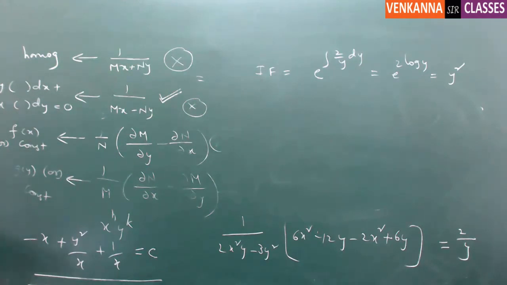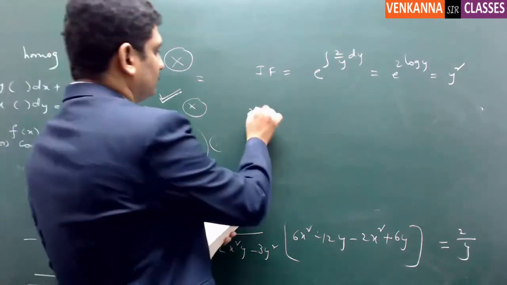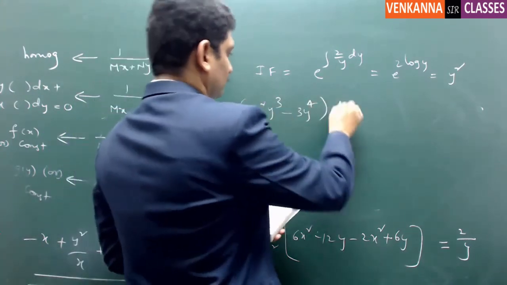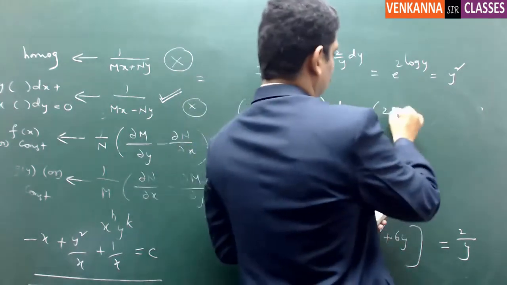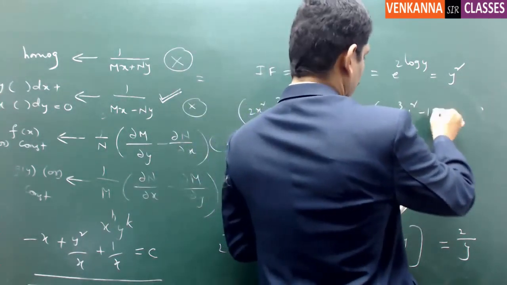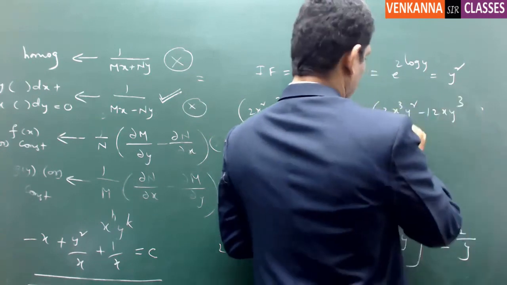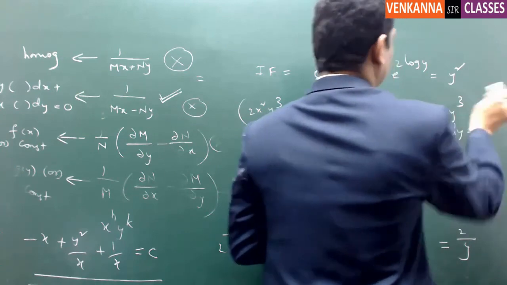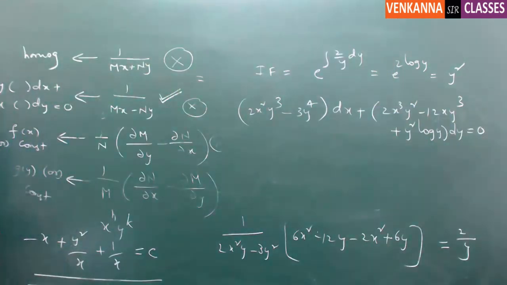So you have to multiply the total equation with y square. On multiplication, this is the value. Please check on that. On multiplying with the integrating factor y square, that is the resulting equation.